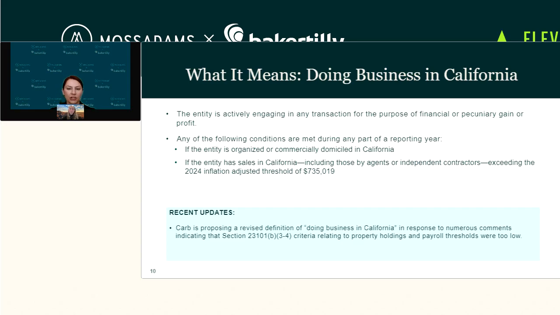This definition was originally proposed during the May workshop and then further discussed at the August workshop.